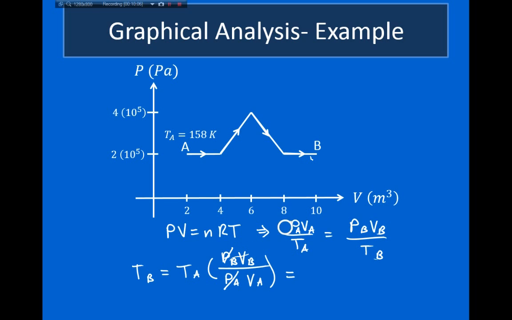The volume at point B is 10 cubic meters, the volume at point A is 2 cubic meters, so this is just 5 times the temperature at point A. That's 5 times 158 Kelvin, or 790 Kelvin. So this is how we calculate the temperature at point B.